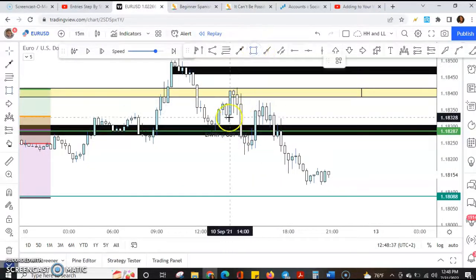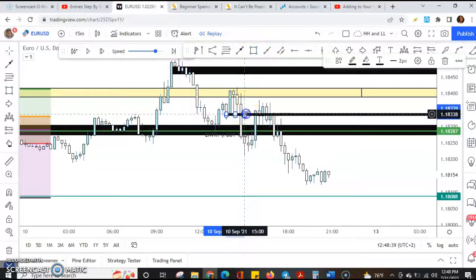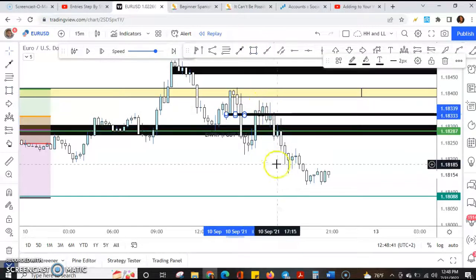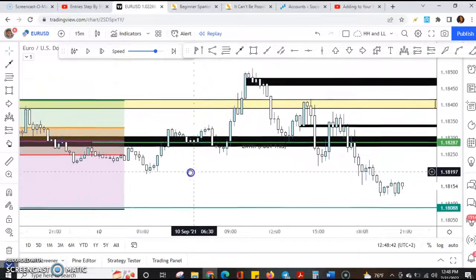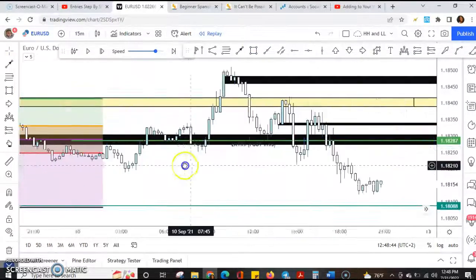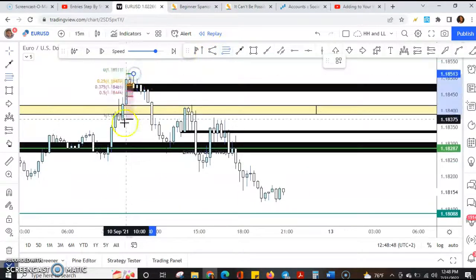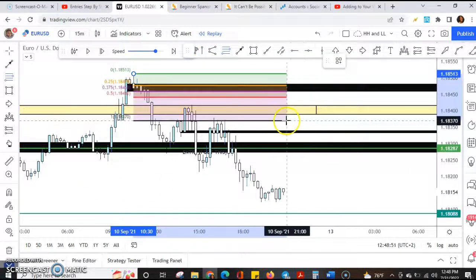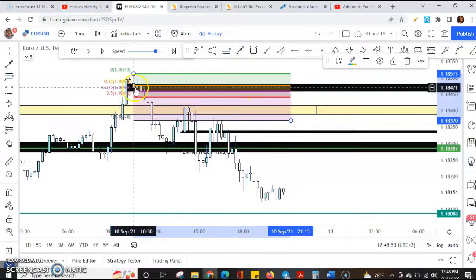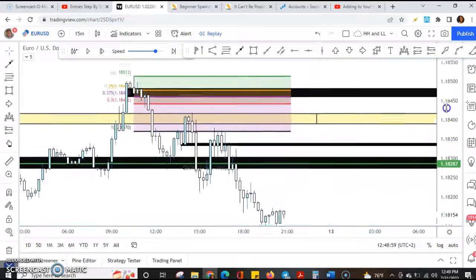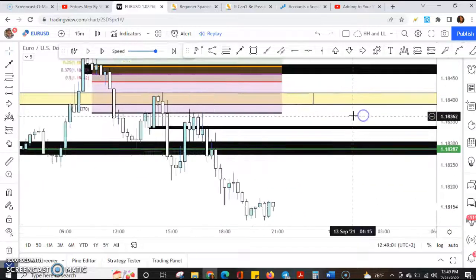If you missed that opportunity, pull back into this zone right here. So with this same concept, from my high to the low of that particular move, I'm looking for entry here or above the 50%. It didn't give it. The market did not give it to me. No worries. You have another opportunity.